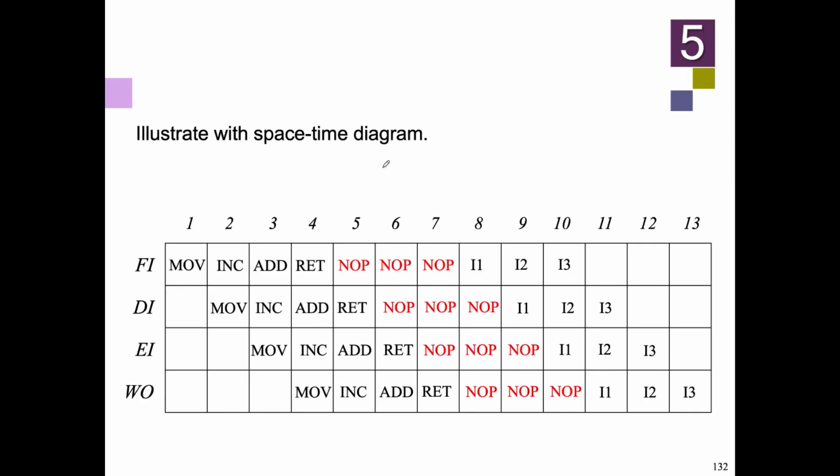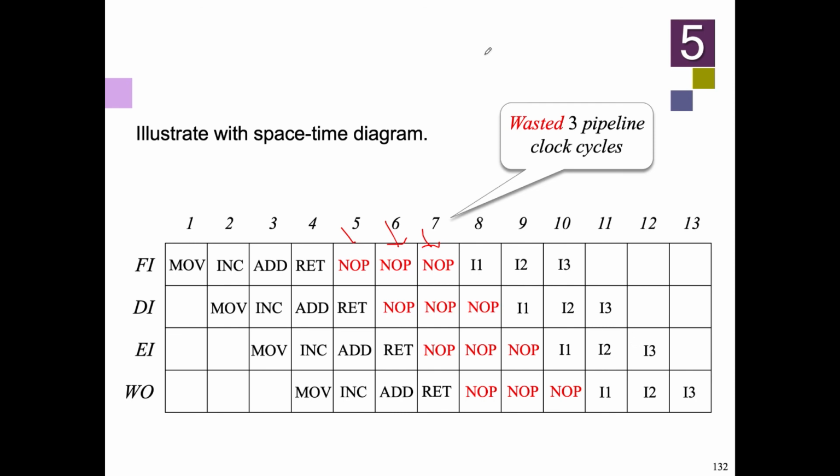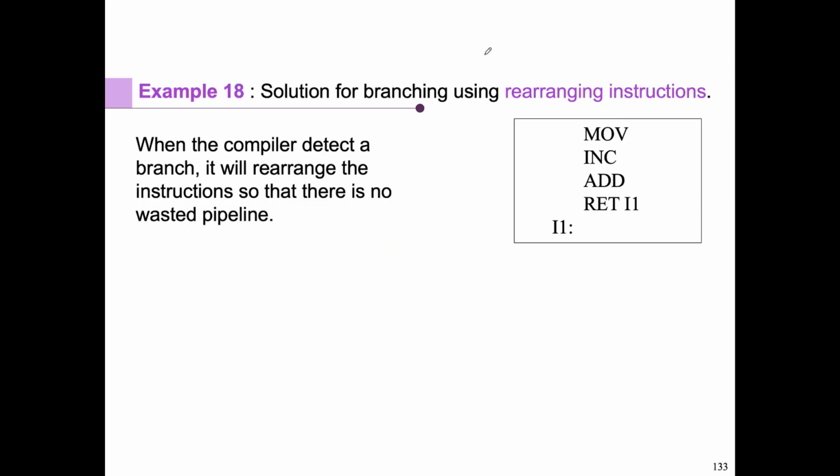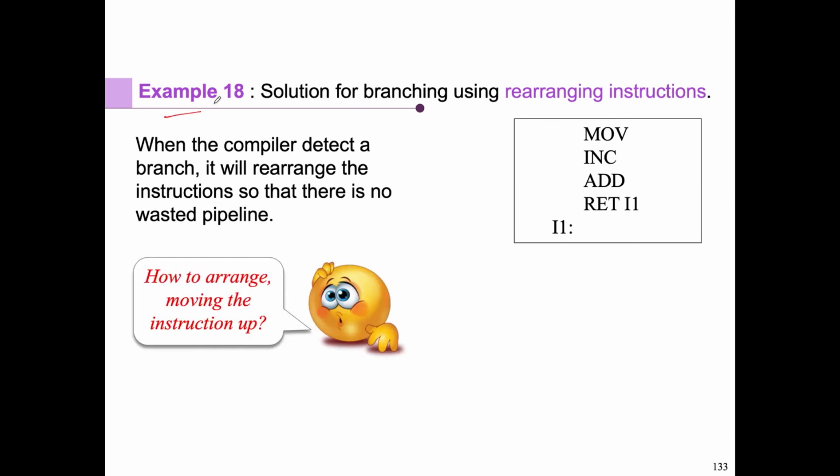Illustrate the space-time diagram. This one you need to draw by yourself, but you need to see where you need to put the NOP. Later on, if let's say you did not understand, we can also discuss it in our class. Try to do example 18 and I will show you the answer.